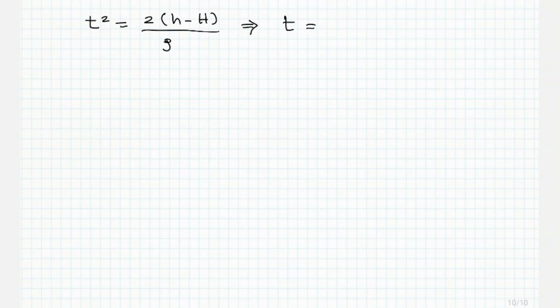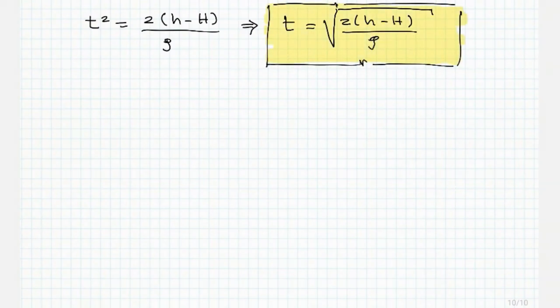Finally, I want to clear the time, and I will have time square is equal to 2 times h minus h capital dividing g. Then t, taking square root on both sides of the equation, is equal to the square root of 2 times h minus h capital dividing the gravity. This is the time that the bullet takes to reach the point D.